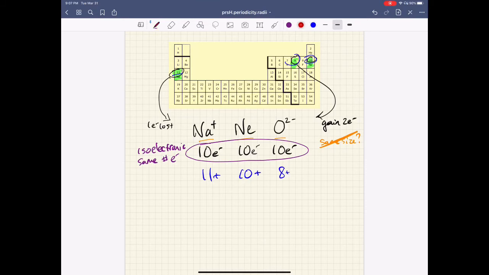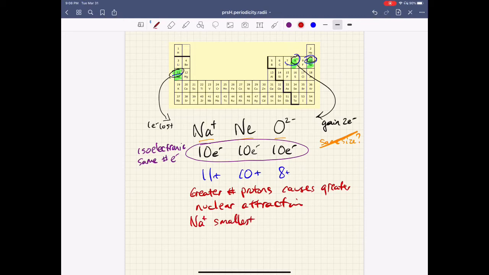Thus, the greater number of protons causes greater nuclear attraction, causing sodium to be smallest and oxygen 2- to be larger.